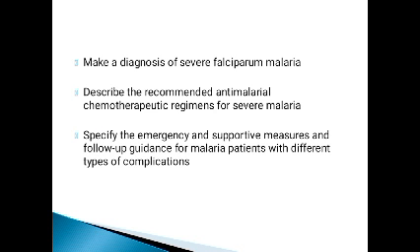Make a diagnosis of severe falciparum malaria. Describe the recommended antimalarial chemotherapeutic regimens for severe malaria. Specify the emergency and the supportive measures and follow-up guidance for malaria patients with different types of complications.